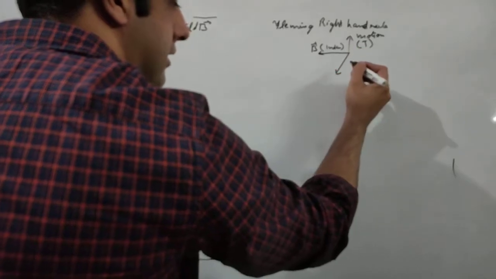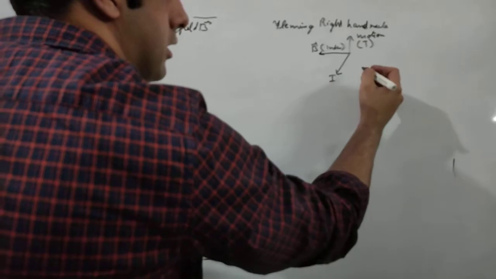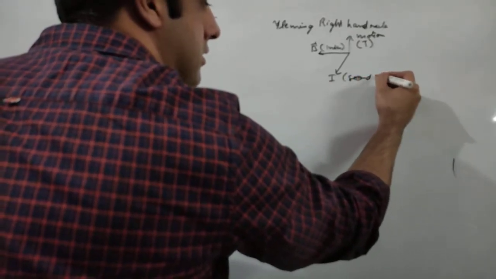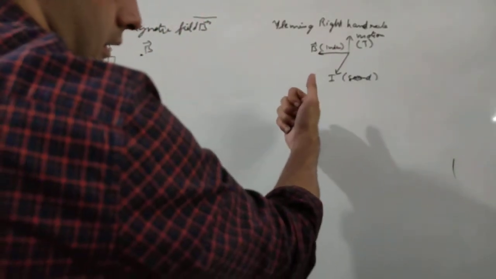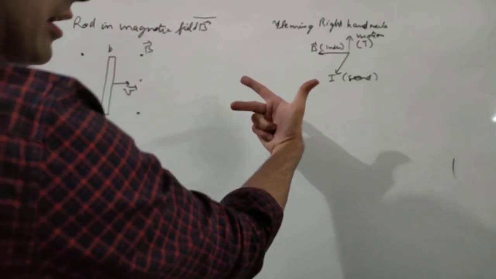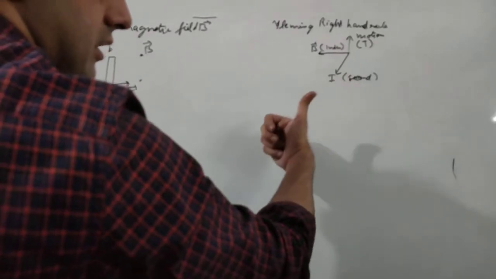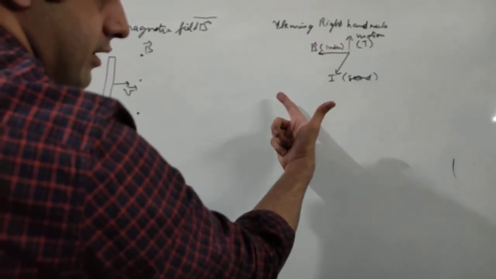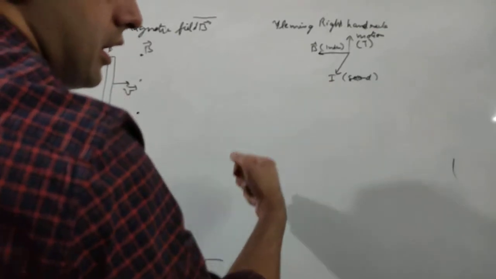So I'll make it like this, Z axis towards you, it will be the induced current. So if I hold my right hand like this, with the thumb, index finger and second finger perpendicular to each other, then the thumb represents the motion, the first finger the magnetic field, and the second finger the induced current.